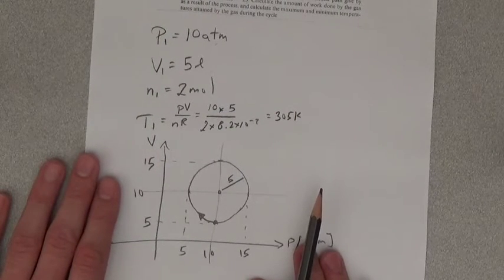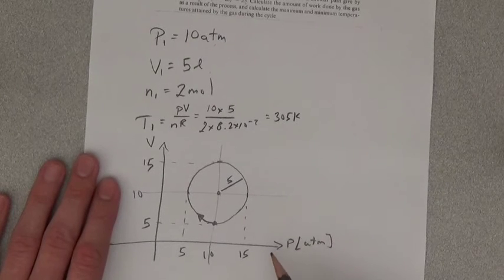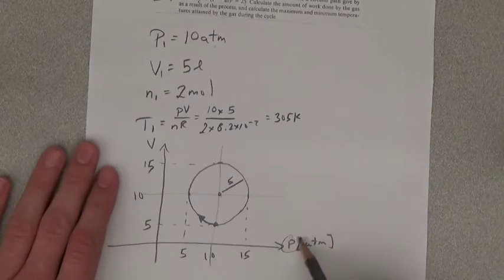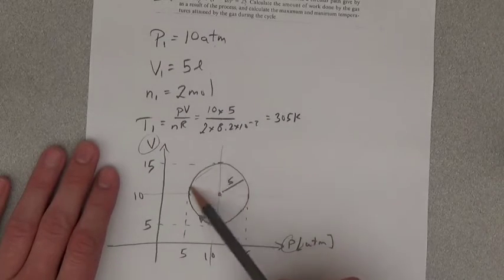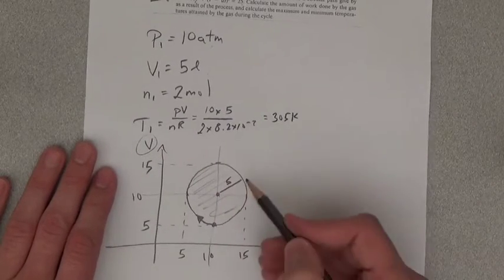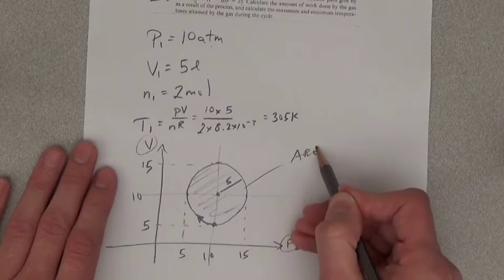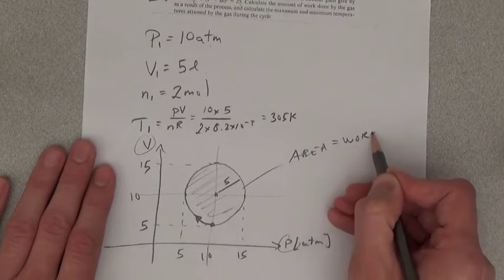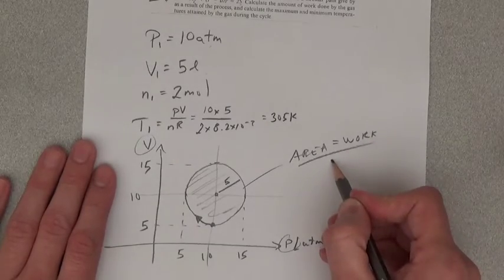But in our parameter space, anytime you have a work pair, for example, pressure volume, the area of a closed loop is equal to the work for a cycle.